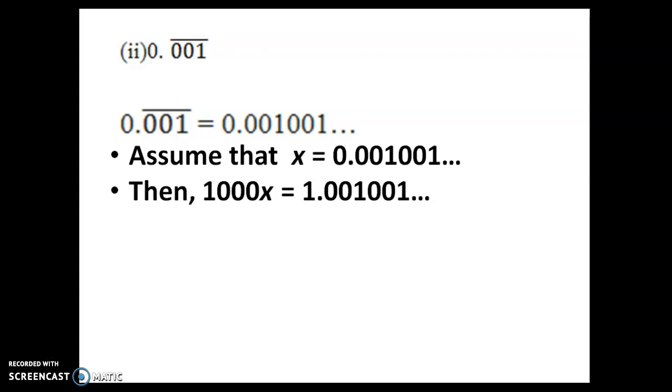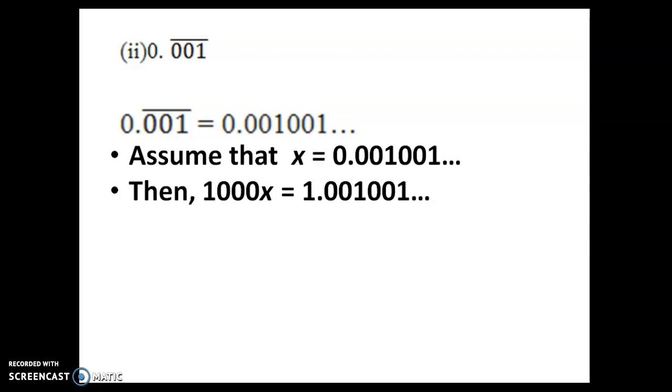Why? Because in order to bring the decimal point till here, we want some number plus x. In the previous problem, if we put 10x we get 6 plus x. That's why we did 6 plus x in the previous problem.